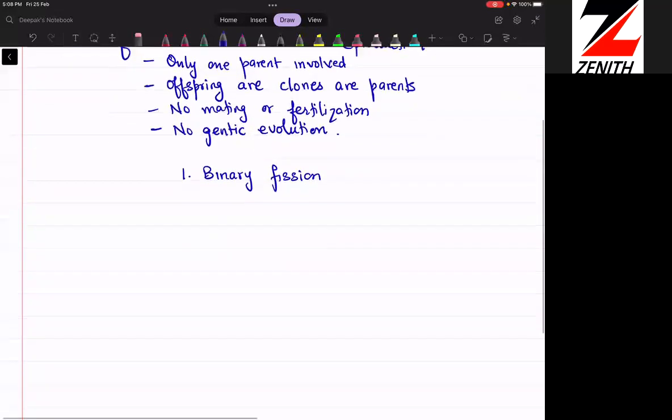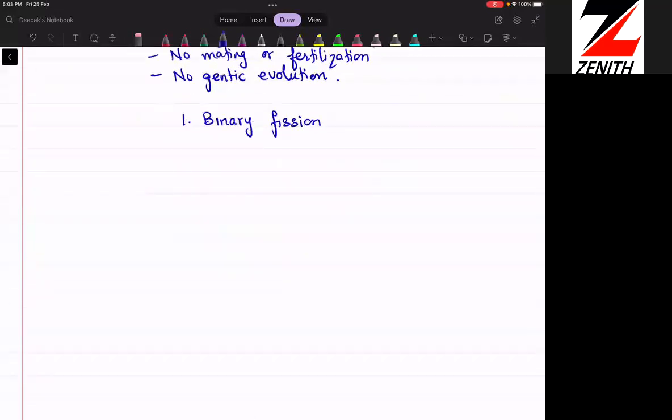Okay. Then what's the difference between binary fission and mitosis? Why can't we call binary fission mitosis? So I think what you have answered is partially or mostly correct. Anyone else?